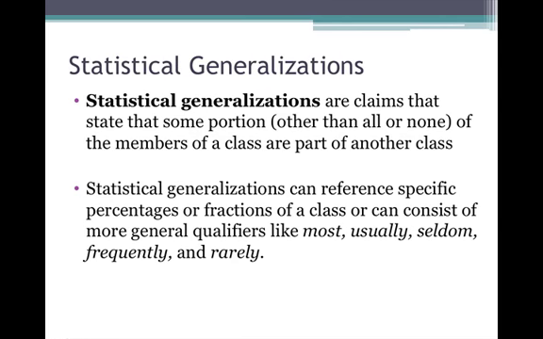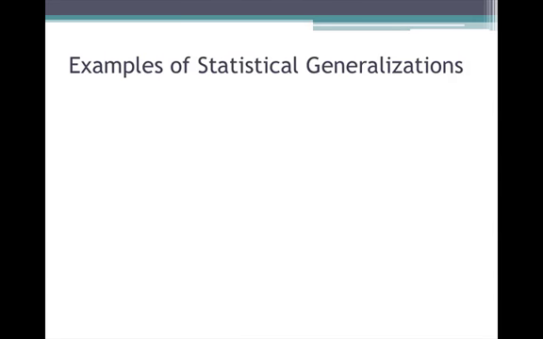The other type of generalizations are called statistical generalizations. These are claims that state that some portion other than all or none of the members of a class are part of another class. Statistical generalizations can reference specific percentages or fractions of a class, or can consist of more general qualifiers like most, usually, seldom, frequently, and rarely.